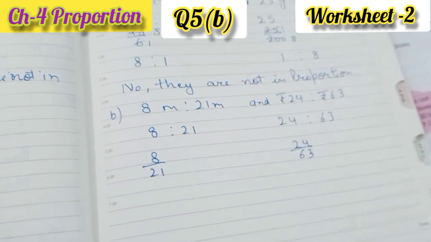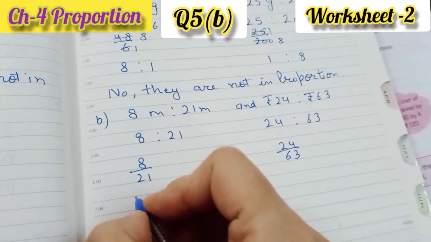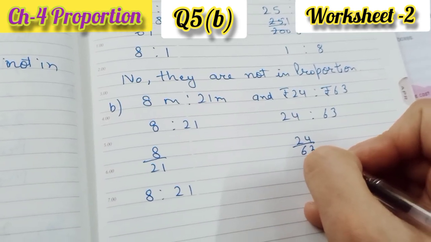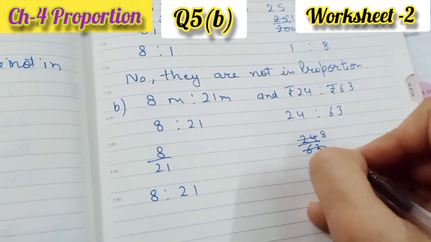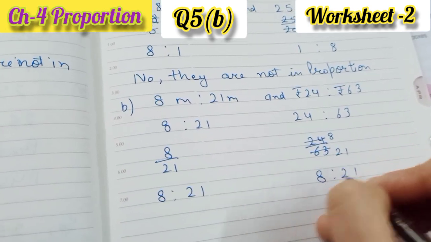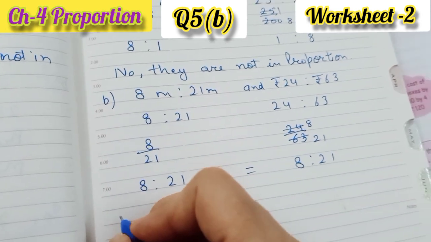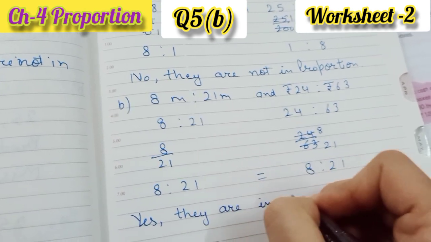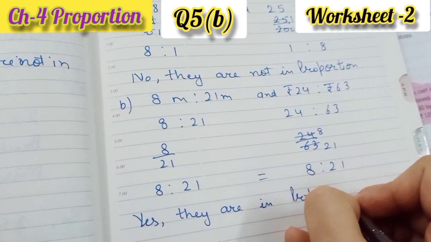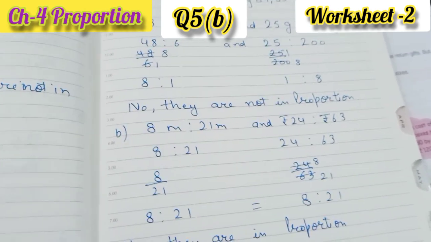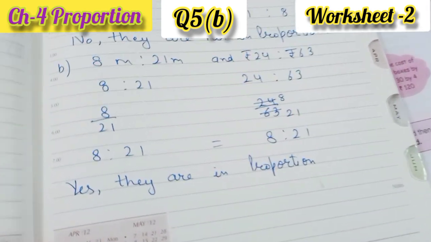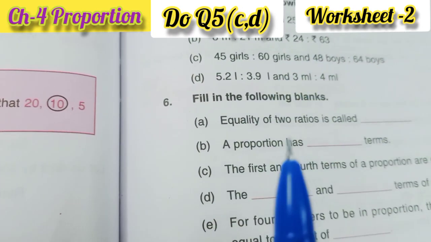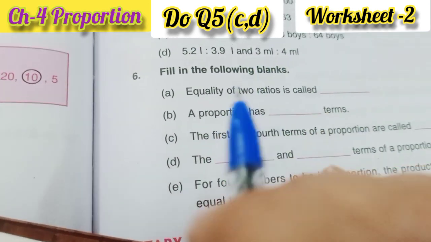Here 8 by 21 is not divisible by any number, so we will write it as 8 is to 21. Here we will divide 24 by 3 and 63 by 3. We get the same equal ratios, so we can say that yes, they are in proportion. If the ratios are equal, then the quantities are in proportion. Similarly, you can find the C and D parts too.